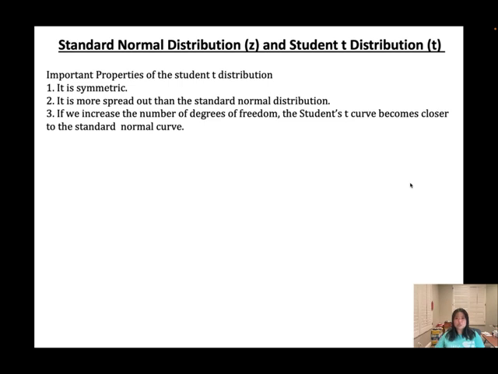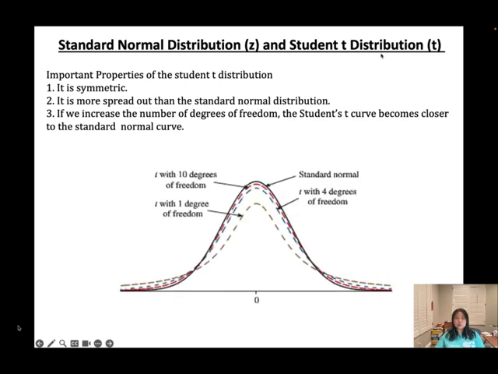In chapter 7, chapter 8, chapter 9, we introduced the standard normal distribution, the Z distribution, and the student T distribution. Let's review a little bit. Both distributions are symmetric. When you draw the line in the middle, the left-hand side is roughly equal to the right-hand side.